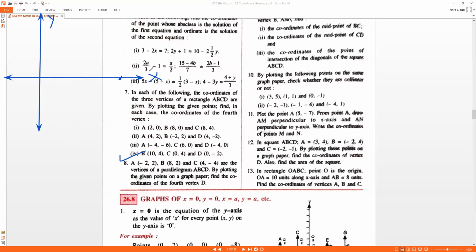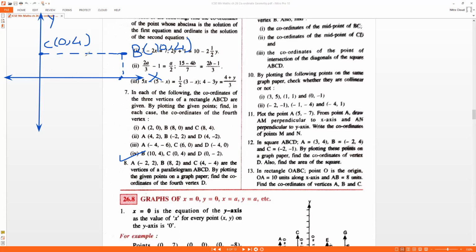And 4 on the y-axis. So B will be somewhere here. Do you agree? Yes, sir. 10, 4. C is 0, 4. So 0, 4 lies on which axis? Y-axis. Correct. So 0, 4 is this C.